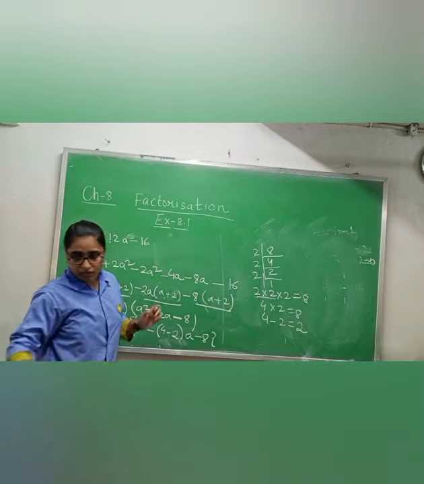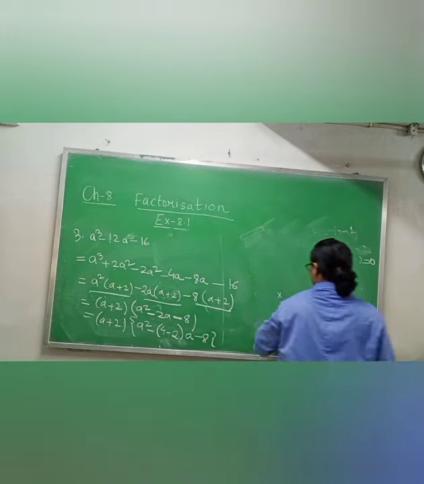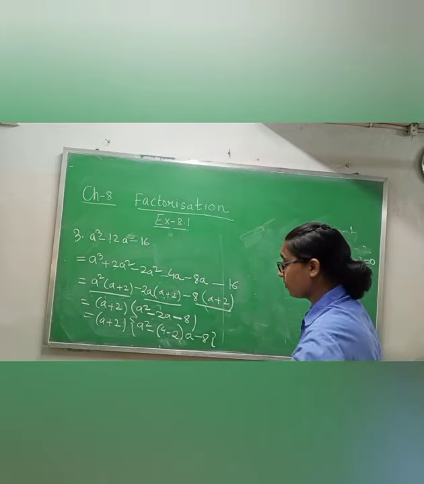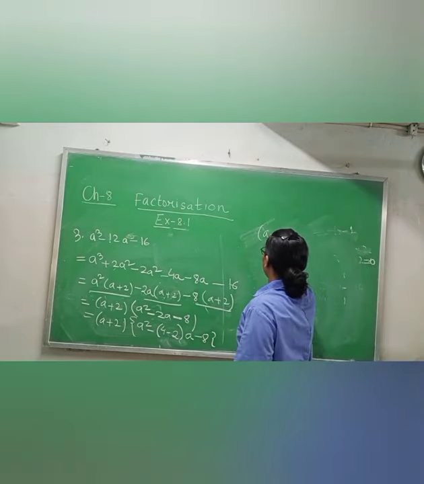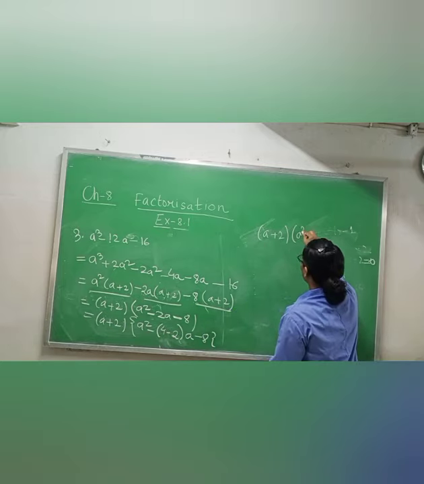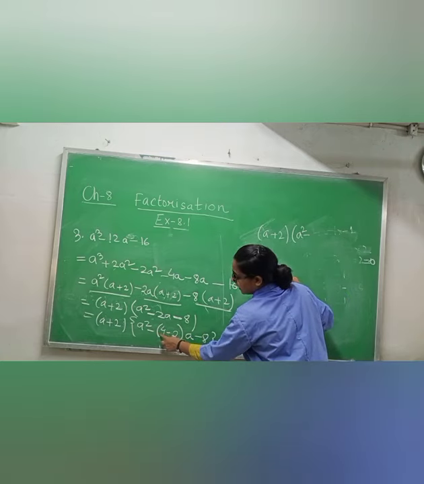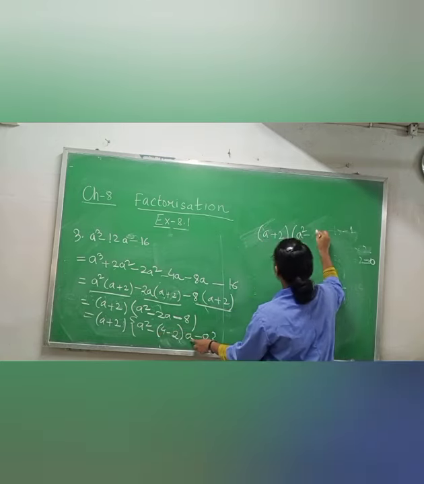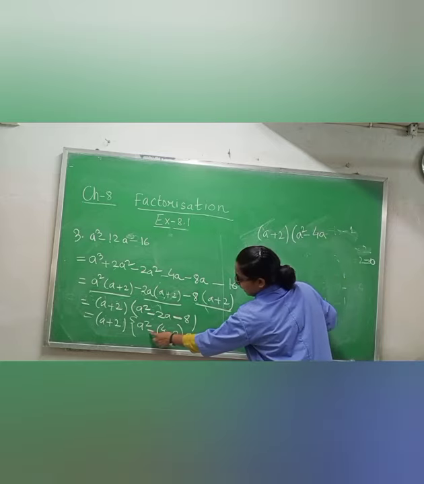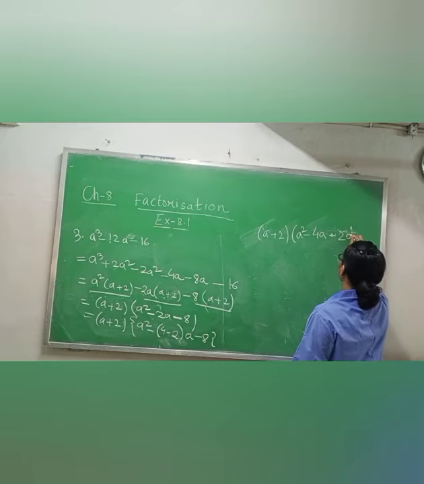This sign. Now a plus 2, I am opening the bracket. A square minus, with 4 you have plus sign, minus plus minus 4 into a, 4a. Again minus minus plus, 2 into a, 2a.